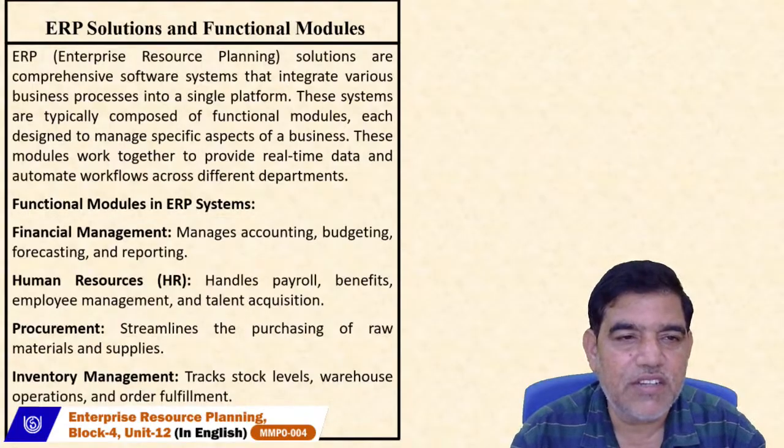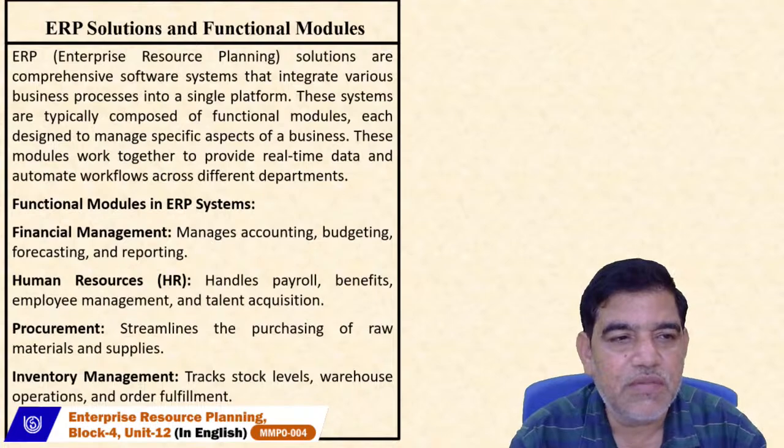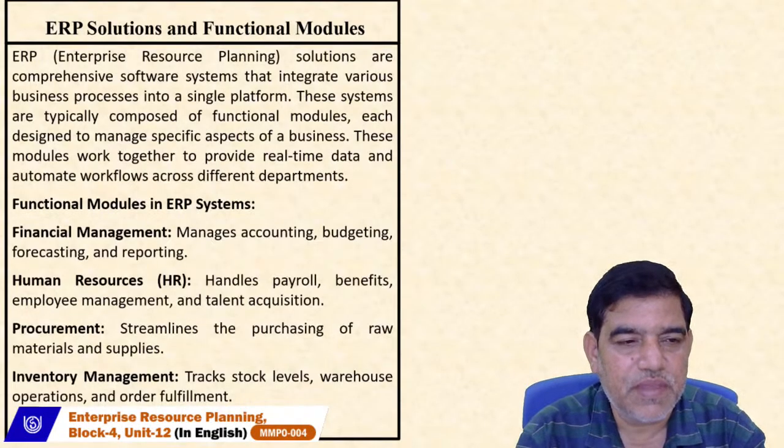Means all the transactions are done by using one platform. These systems are composed of functional modules, each designed to manage specific aspects of a business. These modules work together to provide real-time data and automate workflow across different departments.